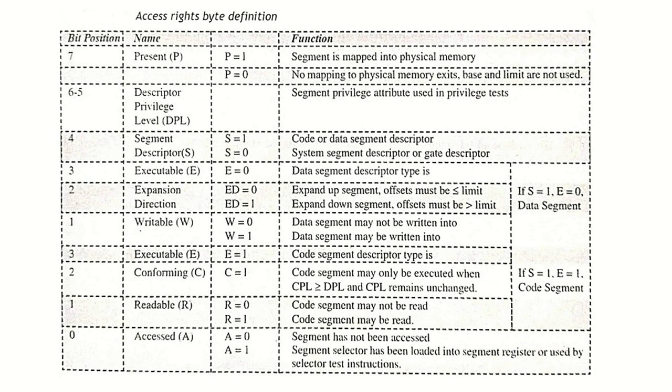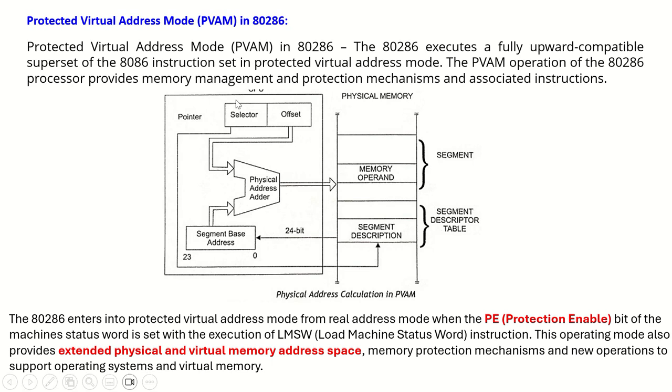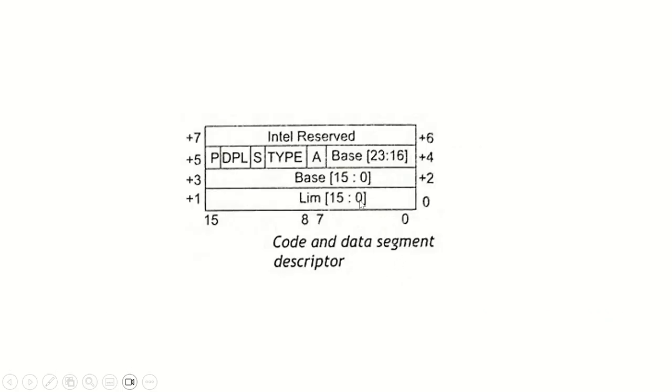What is the third way of protection? The privilege levels themselves. The code from which you are executing has your current privilege level, and you are requesting through a selector. The selector also has a privilege level. So this privilege level and the descriptor's privilege level, DPL: the requester's current privilege level should always be greater than or equal to the descriptor's privilege level.